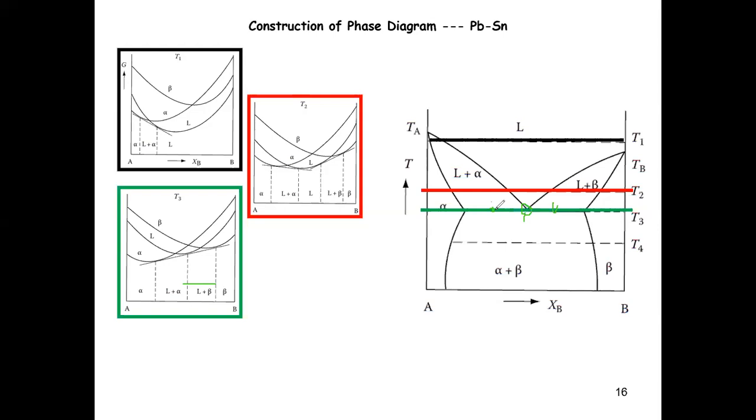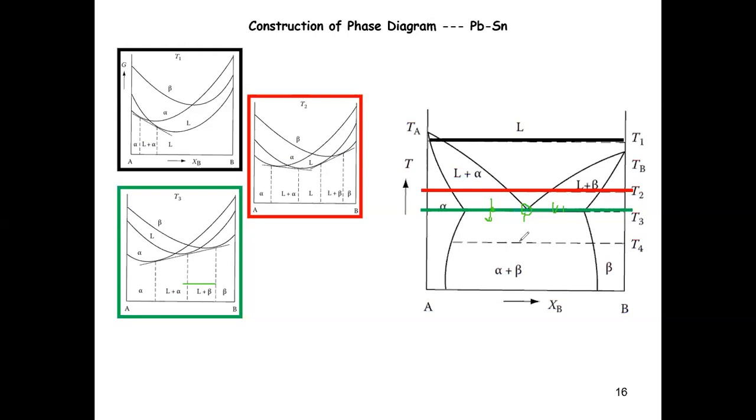I thought alpha transforms to alpha plus beta. No, at this particular point, you have liquid plus alpha. At this particular point, you have liquid plus beta. We'll show this later, okay? Now, what happens if you further cool the system from this point down?